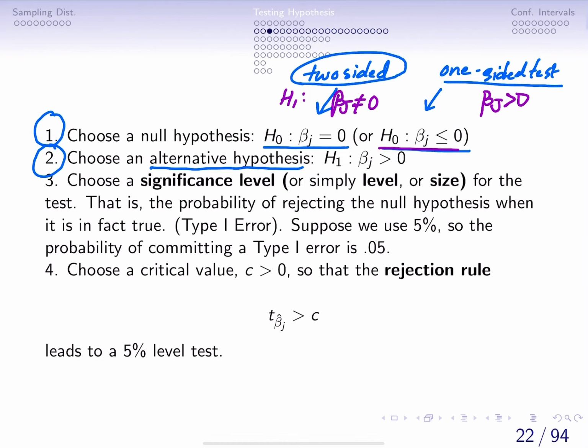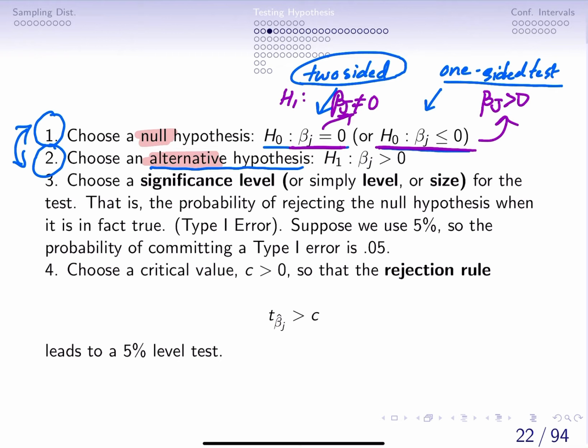Depending on what the null is, we write the complete opposite here. This is our null, and this is the complete opposite of that. So remember the first two steps: choose a null hypothesis and then choose an alternative hypothesis. These are related. They are just opposites of each other.